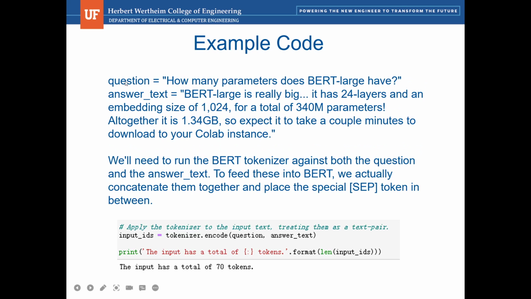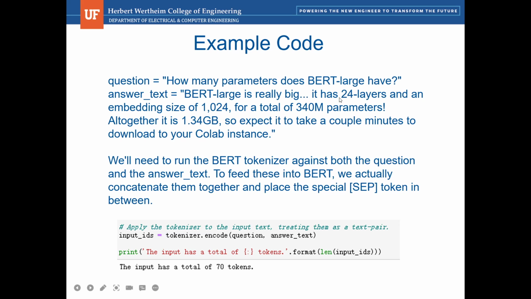So for example, here's a question and answer task. The question is: how many parameters does BERT large have? And this is an answer text that is related to the question. We can find the answer from this text. BERT large is really big.